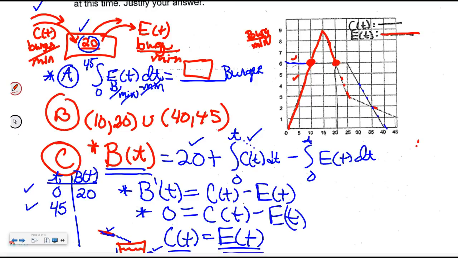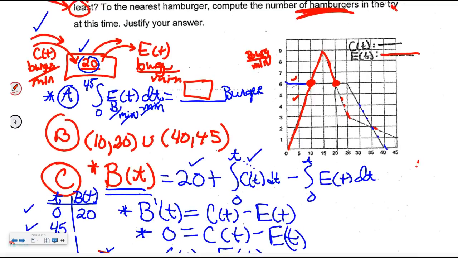So let's talk about what we were asked. We were asked for when it was at its least. It would be at its least right here, correct? Where it was after the interval where they were taking them out faster than they were eating them.